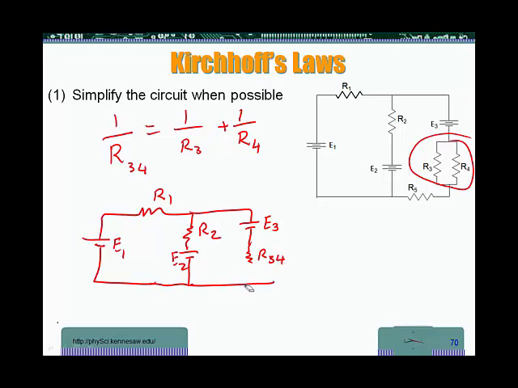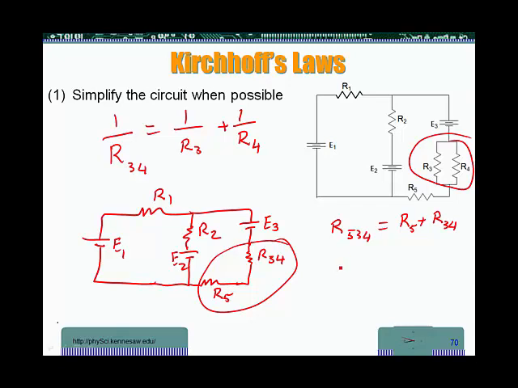This here is a little long, and then I have R5. Now we notice that R5 and R34 are in series, they're in the same branch, so we can combine them. As we combine them, what we get is R534, which is equal to R5 plus R34.